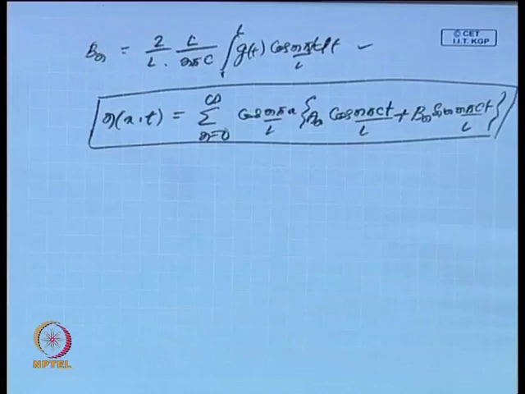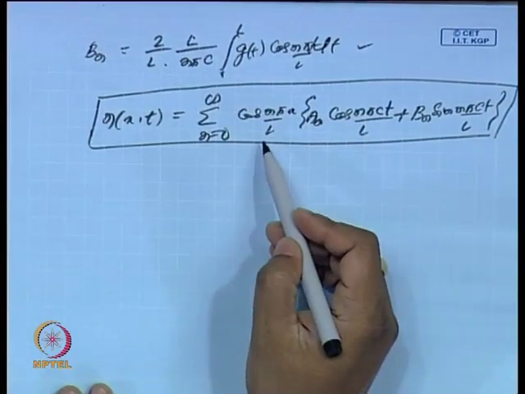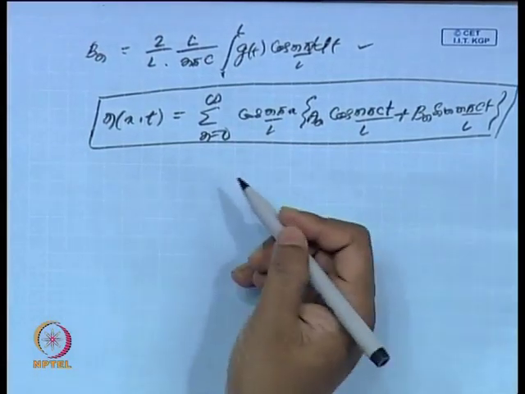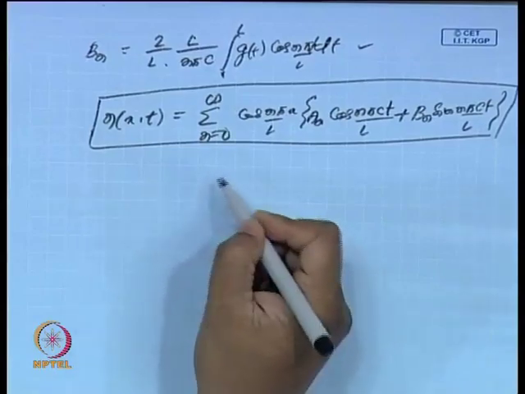and this is what represents, but for each n I get a mode, and I call them the eigen functions.